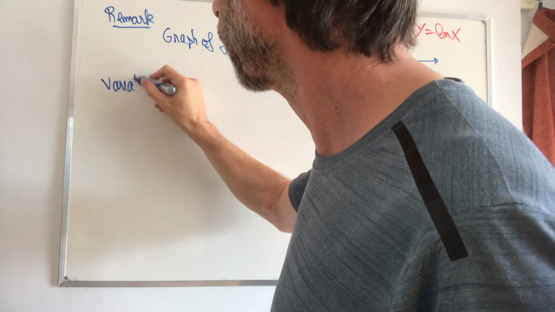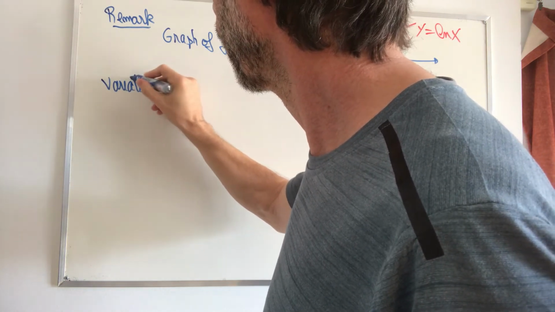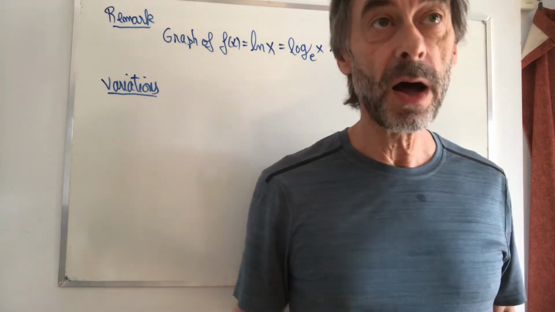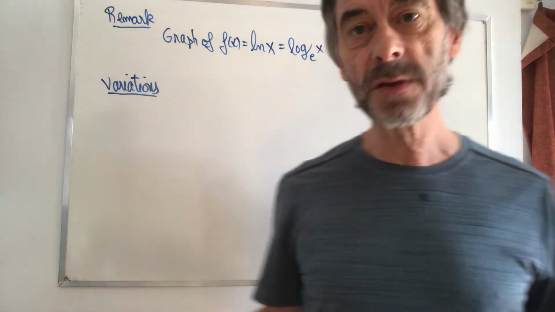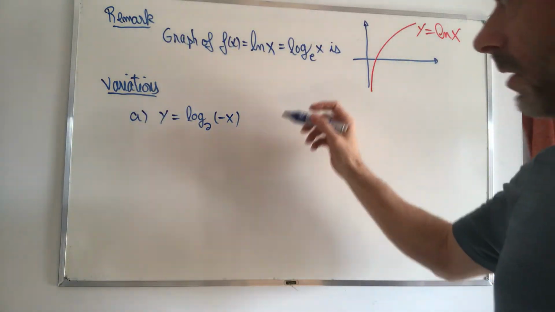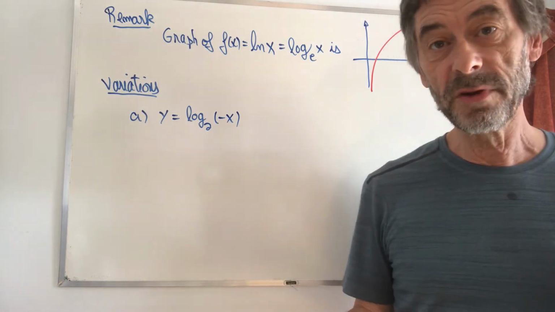Good. Okay, so variations. Variations on the graph of ln. What happens when we throw in a constant and where we change the sign? The first one is y equals log base 2 of minus x. What will this look like? Well, again, we could do a table of values.